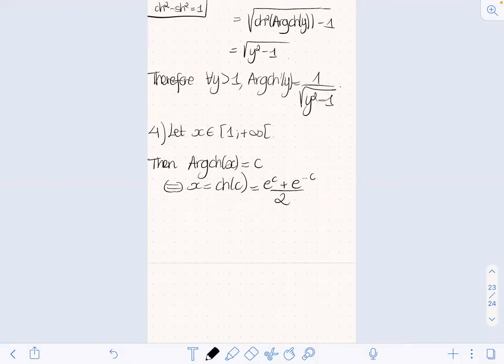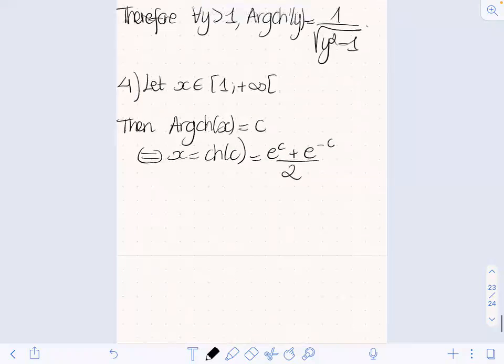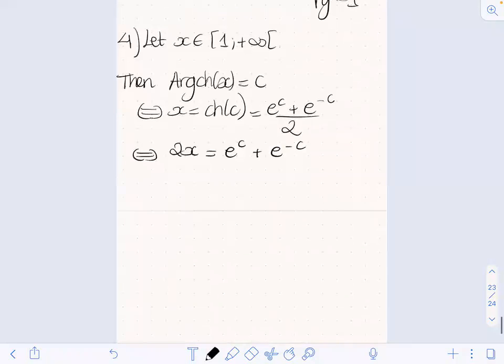And if we use the same principle again as earlier, we can reach a polynomial type equation. So we've got 2x equal to exponential of c plus exponential minus c. And if we multiply everything by exponential of c, we'll get exponential of 2c plus 1 minus 2x exponential c equal to 0.